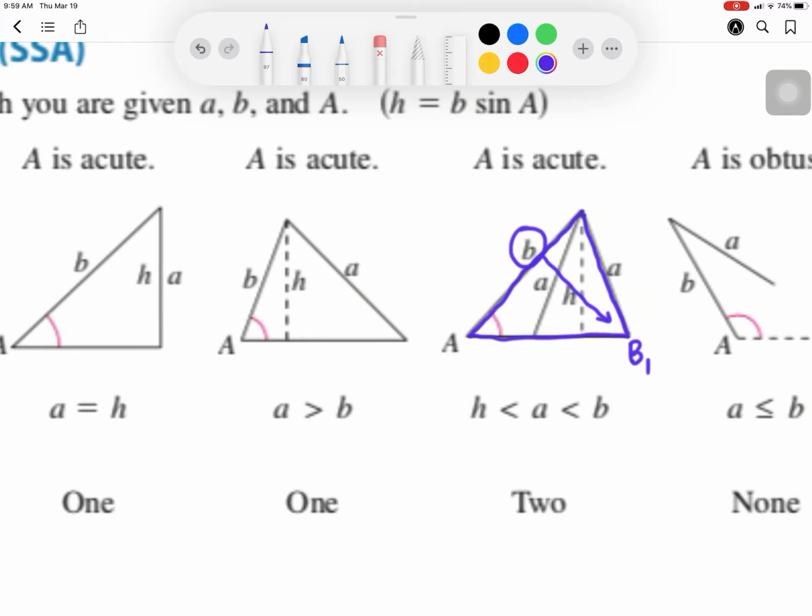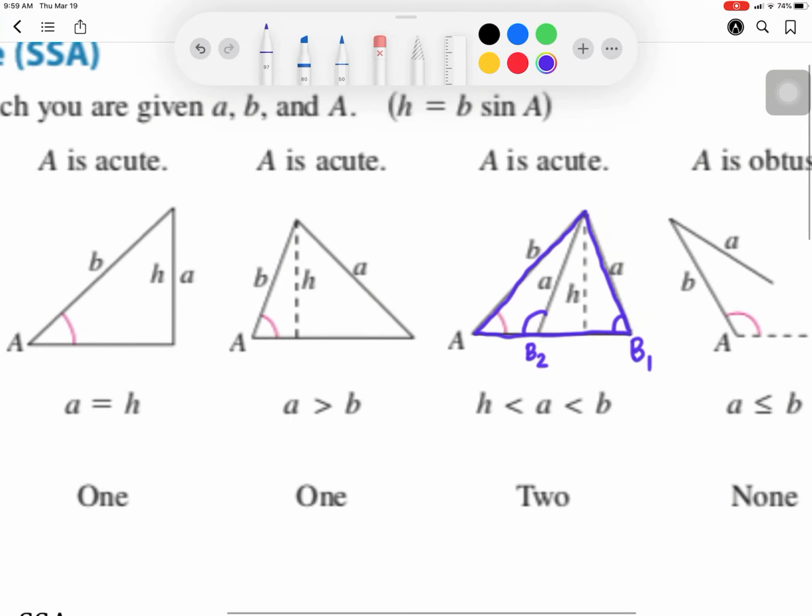All right. Now, what's interesting about this is that this angle here is actually congruent to this angle right here. So if you want to find the other possible angle B, I'm going to call this one B2 right here, which is this angle. How would we do it? Well, don't they form a linear pair? That means that you could find B2 by doing 180 minus whatever you get for B1.